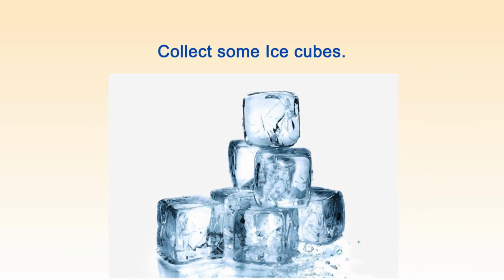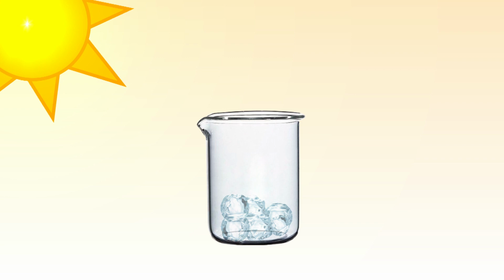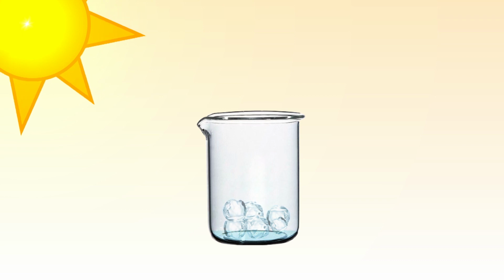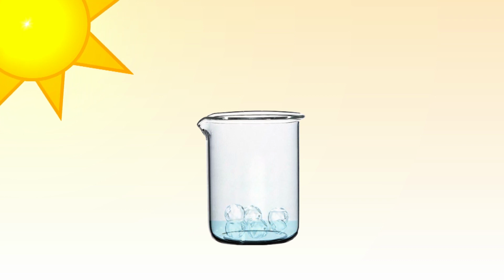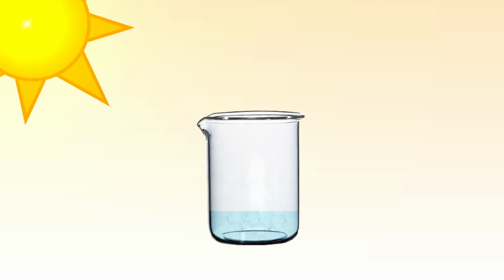Now, let us discuss another activity, melting of ice. You all might have seen ice, must have used ice. Now, collect some ice cubes in a beaker and keep it under the sun for a while. What will you observe? We will observe that the ice will start to melt gradually, and after some time we will get a mixture of ice and water.